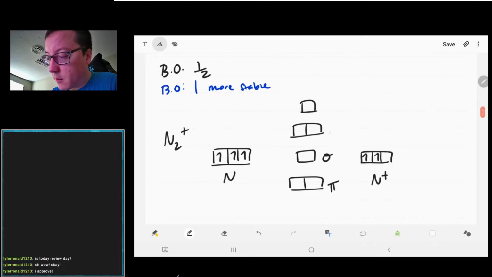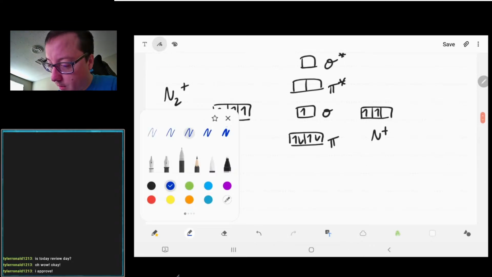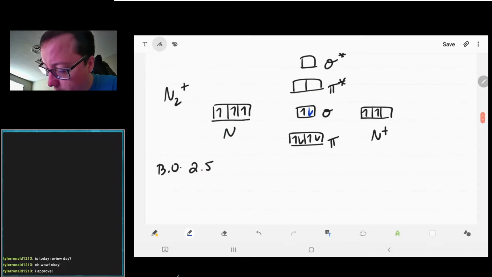I'm just going to not write 2p everywhere, if that's okay with everybody, just making this a little neater. So we have 1, 2, 3, 4. I see 5 electrons total, so we'll put a 5th one there. Bond order for this is 2.5. Putting in our extra blue electron, we get a bond order of 3, so again that's more stable.